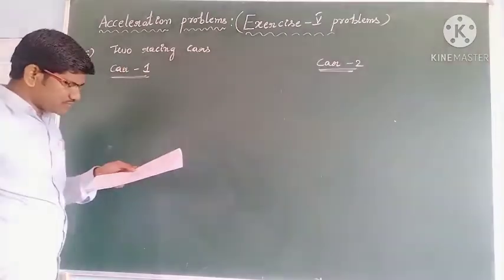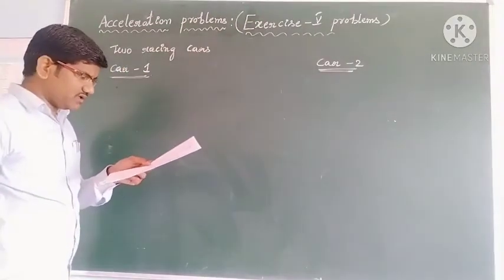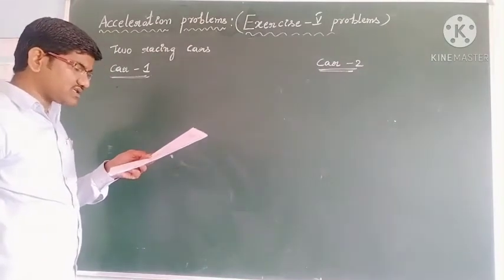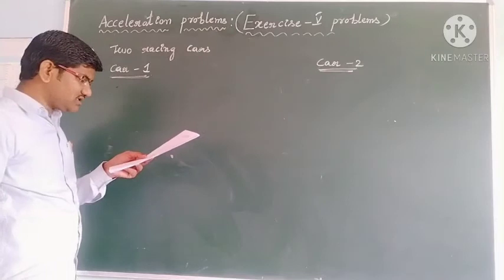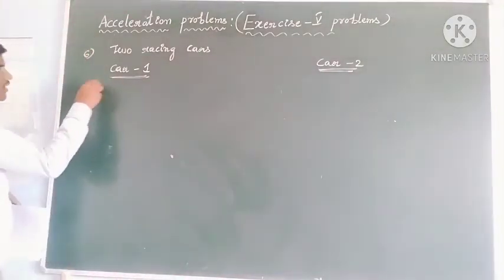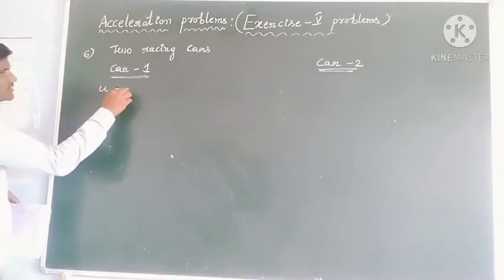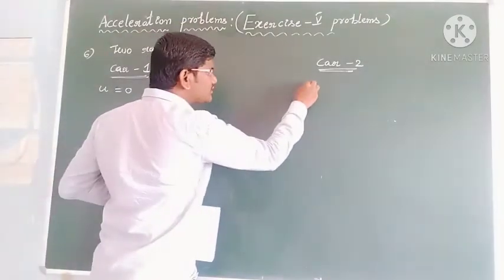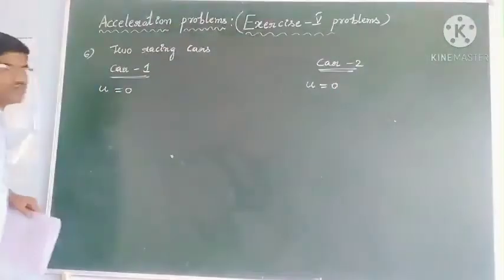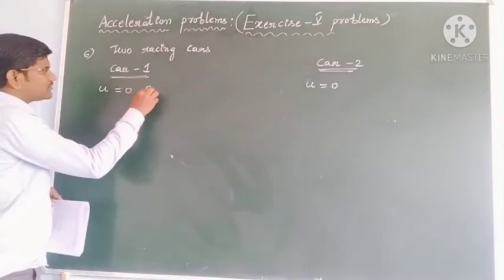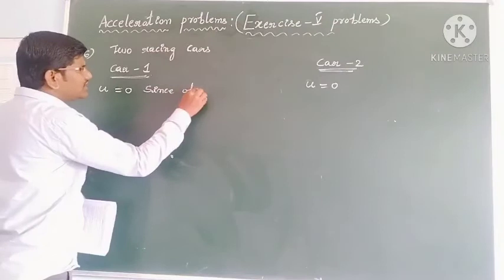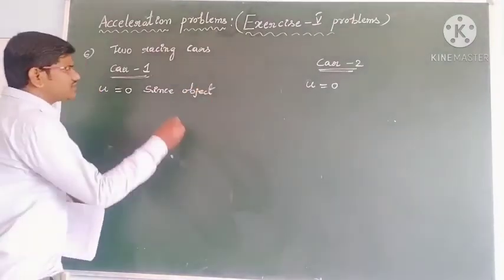Two racing cars acquire velocities 18 kmph and 36 kmph in 0.5 seconds if they are accelerated uniformly from rest. Both started from rest. Car 1 started from rest, u is 0. Car 2 also started from rest, so u is 0.